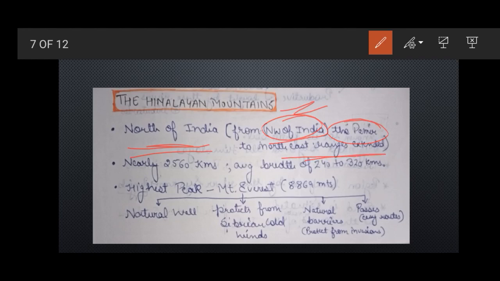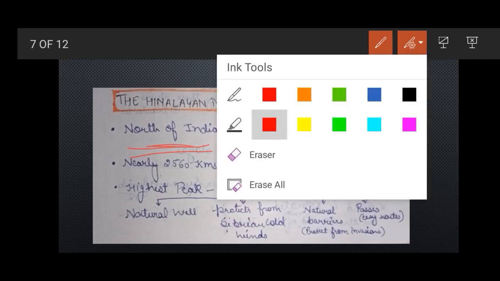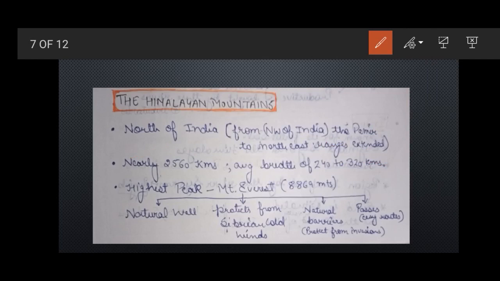Whenever we see a physical map of the country, we can see the shape of the Himalayas like this. In general terms, it is considered to be in the shape of a sword, a talwar in Hindi. It also protects us from many things, like natural calamities or invasions.